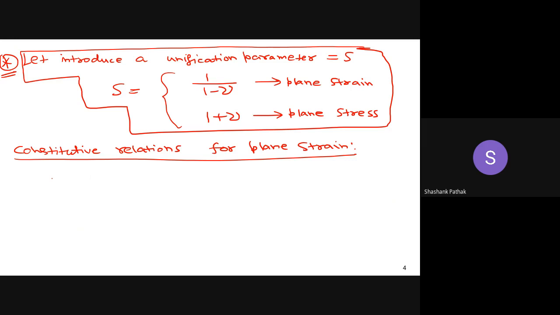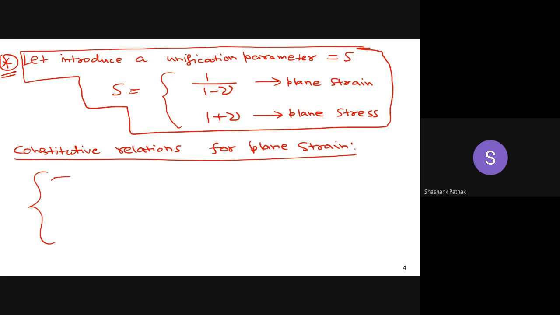Rohit? So I am getting sigma x is equal to. I wrote a constitutive relation in the last class for plane strain problem in vector and matrix format. So can you please tell in that format?